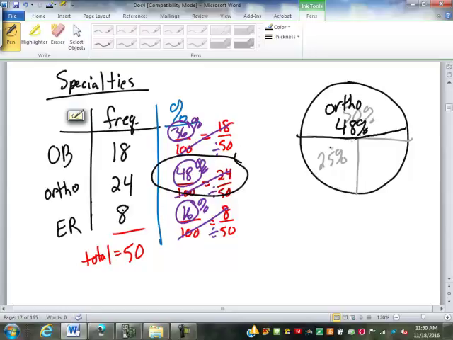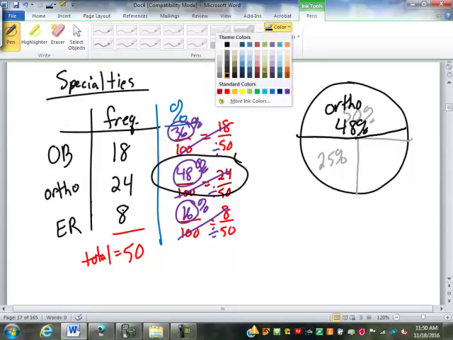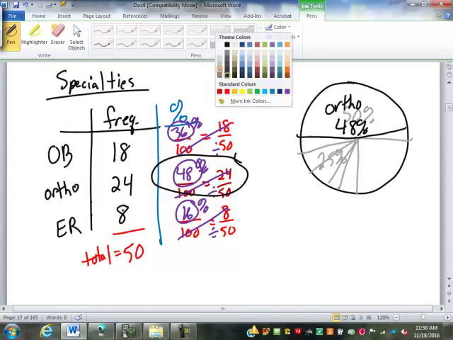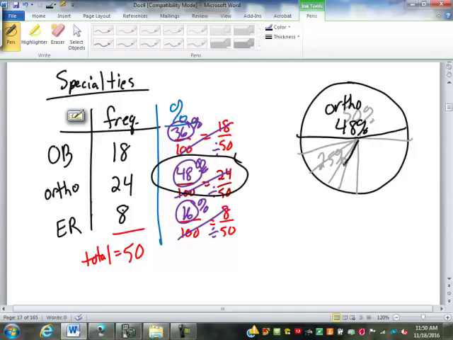I could break this 25 up into 5 if I wanted to. If I broke it up into 5 equal sections, each of those sections would be 5%, right? Well, 16 is just a little bit more than 15%, so a little bit more than 3 of them. So somewhere in here would be that 16%, that is ER, 16%. So the rest of this over here has to be OB, which is 36%.